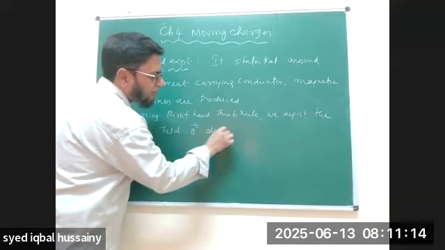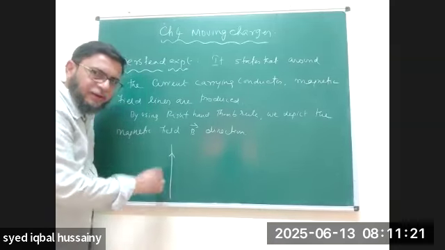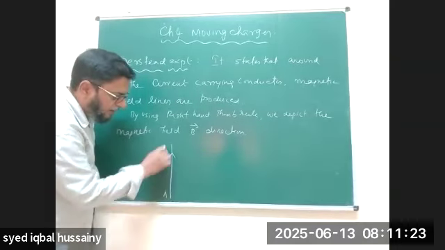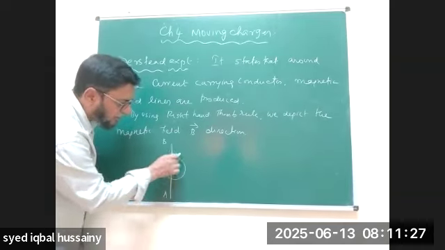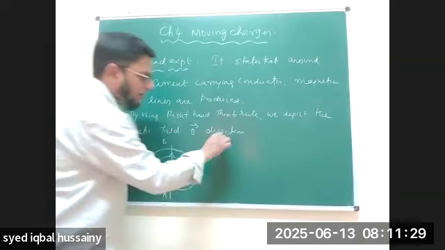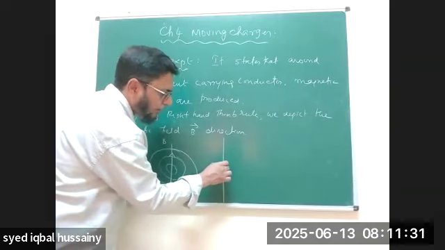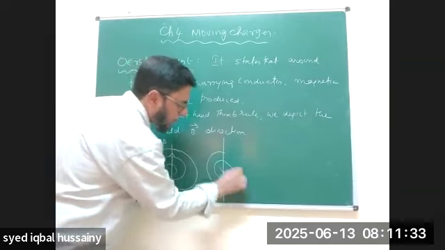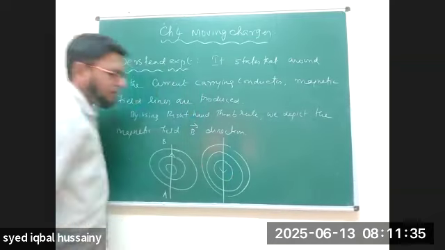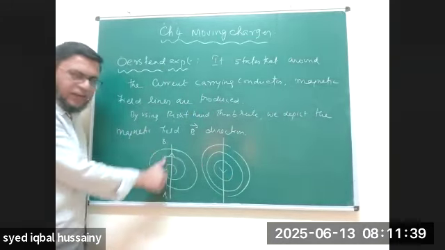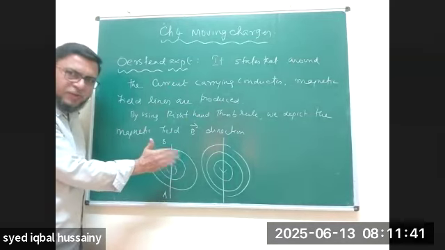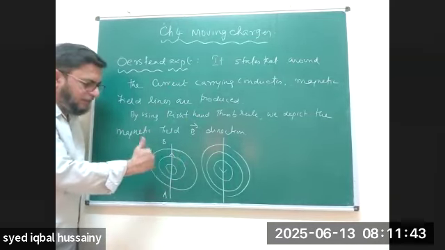For example, this is the wire. If the current is going in the upward direction, then the magnetic field lines will be produced like this. If the current is going downward, then the magnetic fields are produced the other way. In the right hand thumb rule, keep the thumb in the current direction, and see, my four fingers are moving in this direction.